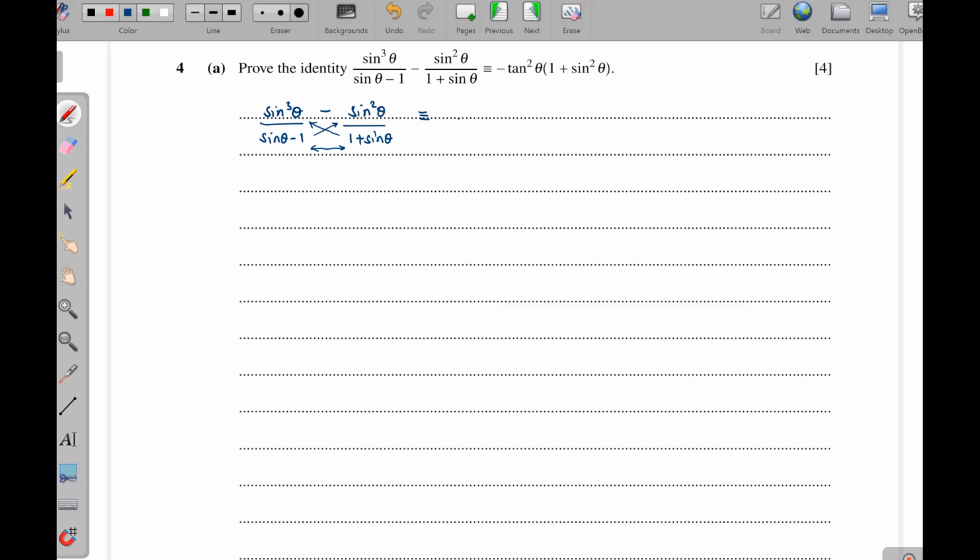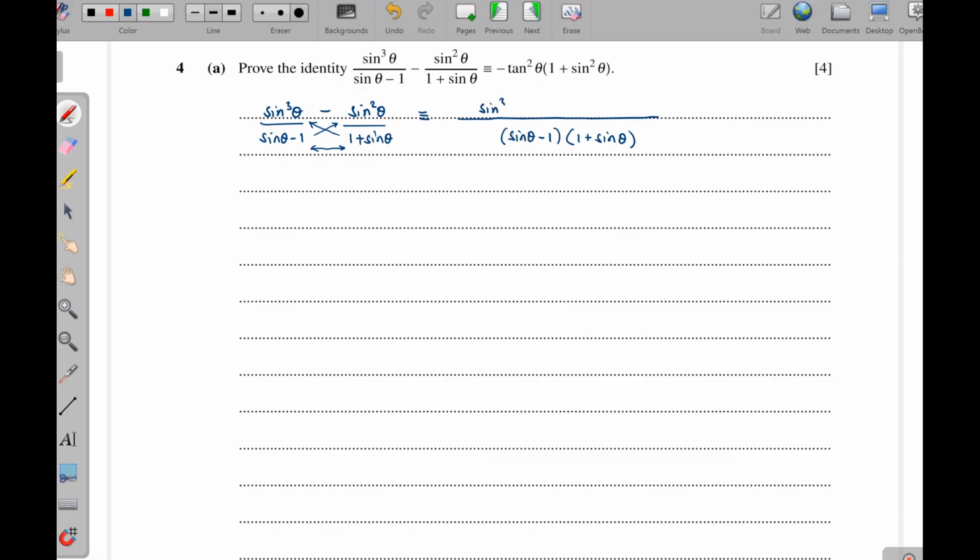By doing so, our denominator is going to be sine of theta minus 1, and then 1 plus sine of theta. Now, by the way, I can see sine cubed and sine squared. What is common here is sine squared, but I can first leave it.